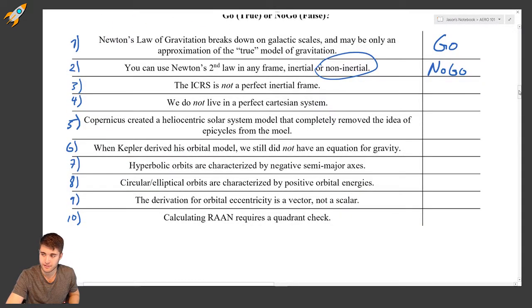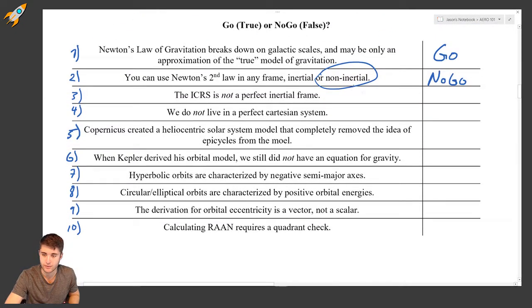Okay, so let's look at number 3. The ICRS is not a perfect inertial frame. I don't expect you guys to remember that one because that was just a little tidbit way back in the notes. That's a go. The ICRS is what we consider, as we're trying to come up with the most inertial frame that we can reference.